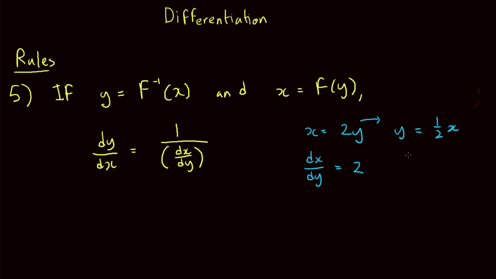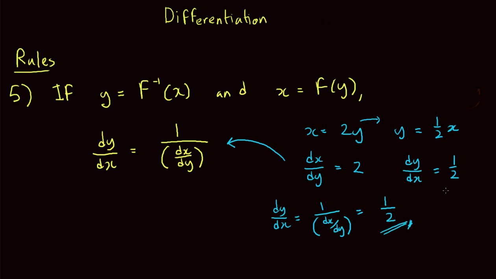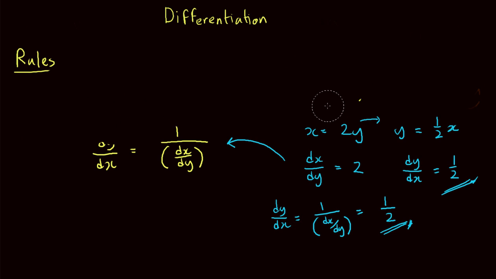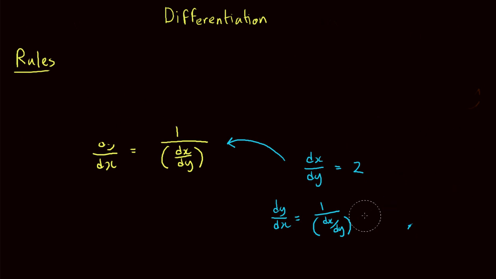And when we differentiate, dy/dx is equal to half, and it follows this particular rule about inverse functions, because to find dy/dx we could just say it's 1 over dx/dy, and since our dx/dy is 2, it becomes 1 over 2. So you see, it does follow the rule. This is actually a very neat trick if you're dealing with inverse functions. So hopefully that's clear. I think that's about the rules here on differentiation.